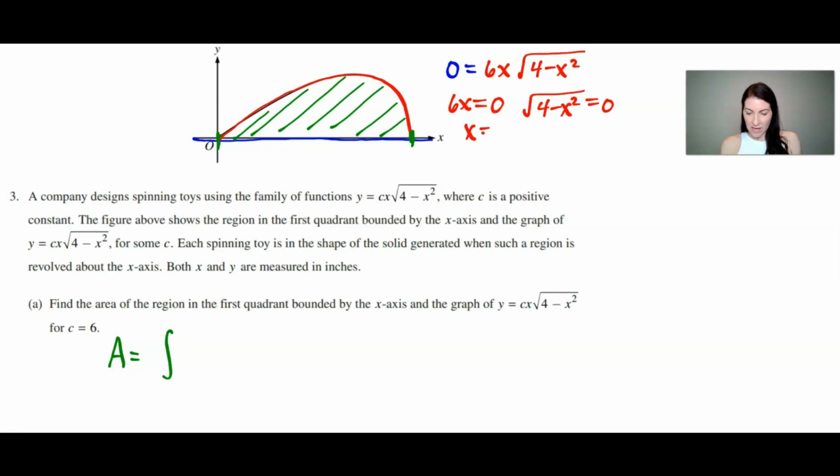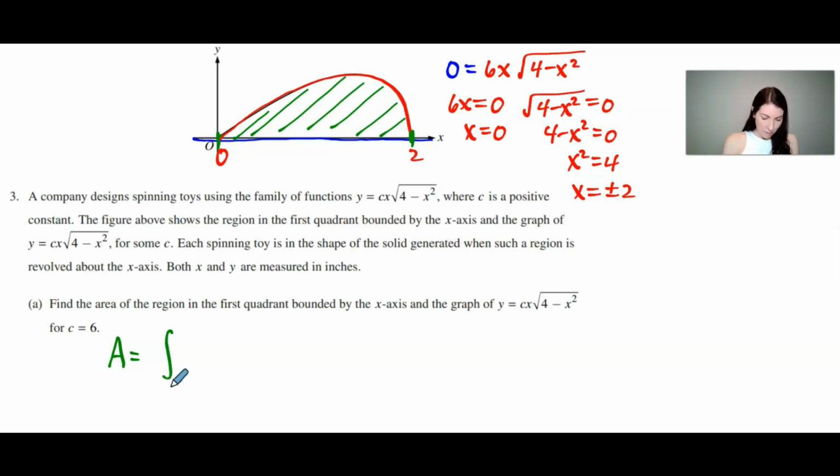Solving the first one, I get x equals 0. Solving the second one, I would square both sides, add over the x squared, take the square root, and I get plus or minus 2, but you can see in this problem that I'm going to use the x value of 0 and the x value of 2 as my two intersection points. So now I can use that for my integral.